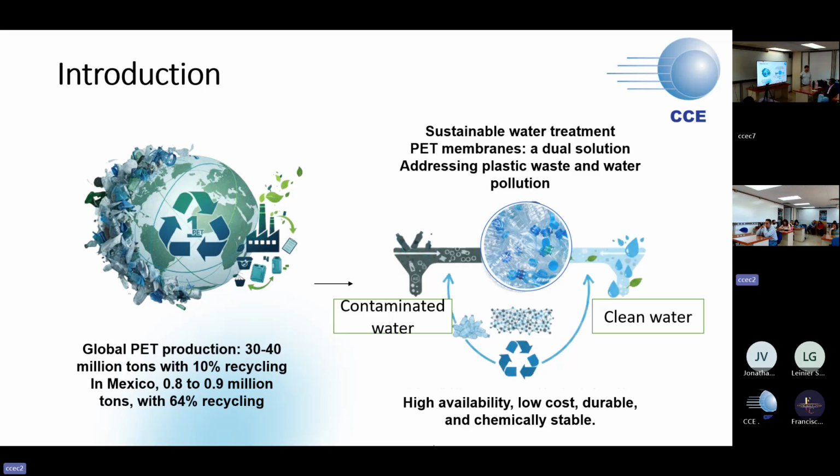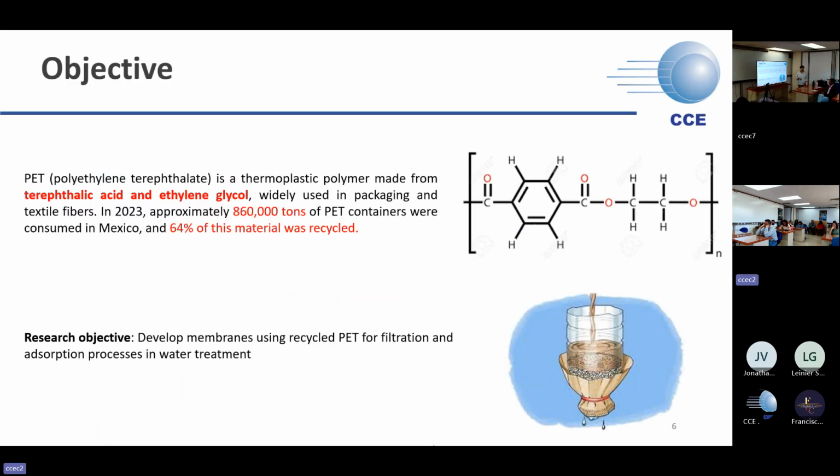So the idea in this work was to reuse the plastic bottles in order to produce membranes and use them by filtration to remove pollutants from water. Why do we use PET? Well, PET is this block of elements, repeated a lot of times to form a big chain. According to the number of these blocks, it gives different properties.